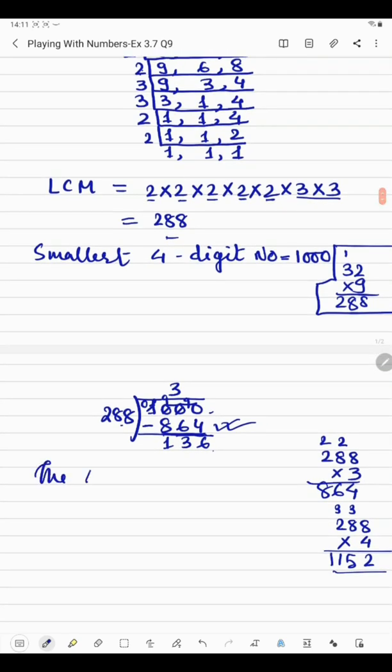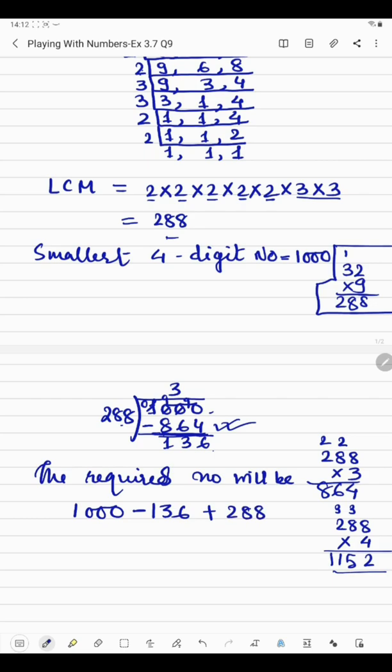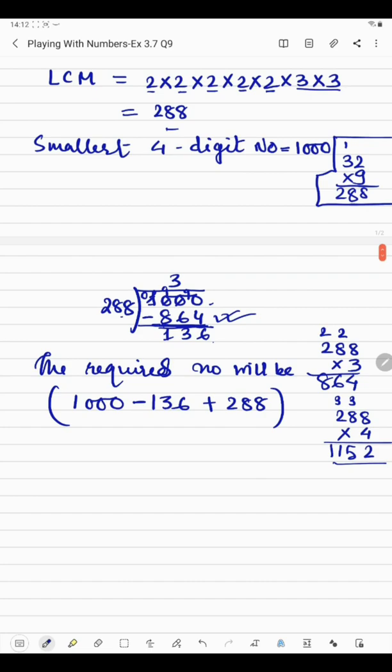So the required number will be, here we will have to just remove 136 from the dividend. Why? Because then only we will get this number which comes in 288's table, and to get the next number 288 is to be added with this. Okay, to get the smallest 4-digit number.